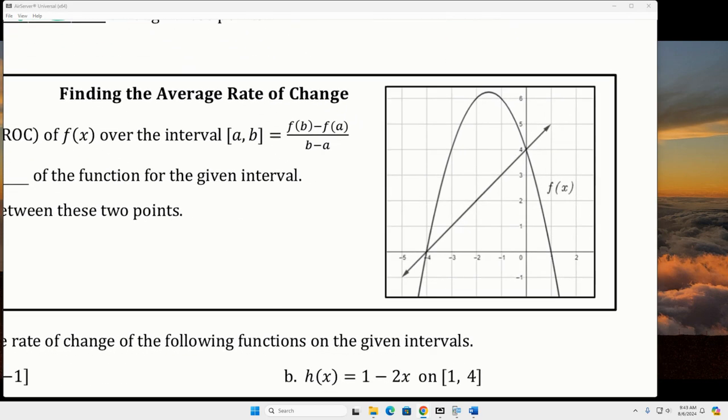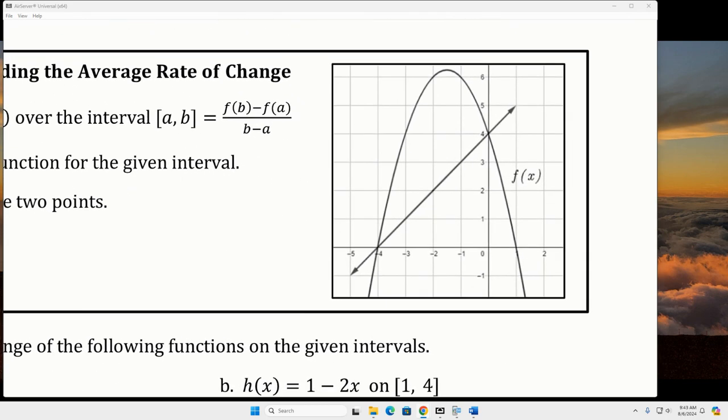So if we're looking at this graph right here, this is a quadratic function. This line here is the secant line. Oh, sorry, my Apple Pencil needs to be charged. So the line that is going through the points (-4, 0) and (0, 4), that is the secant line.